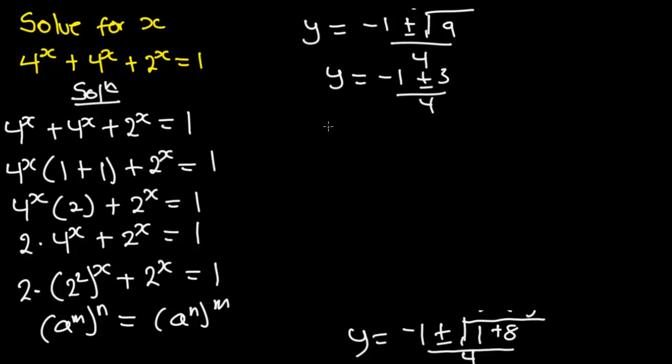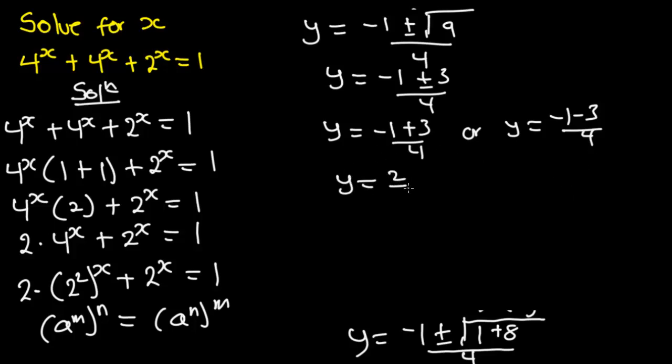Now you can have y equal to negative 1 plus 3 all over 4, or we can also have y equal to negative 1 minus 3 all over 4. And so y is equal to 2 over 4, which is y equal to half. And then y is equal to minus 4 over 4, and so y is equal to negative 1.